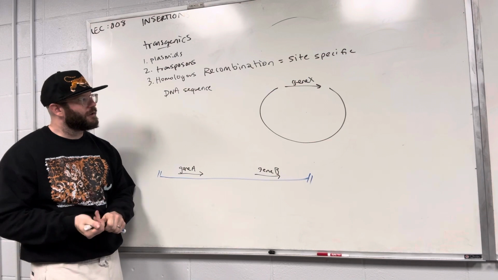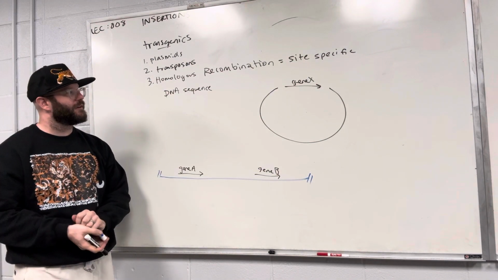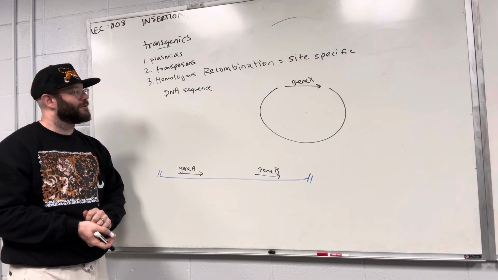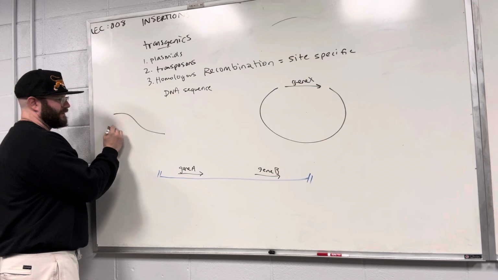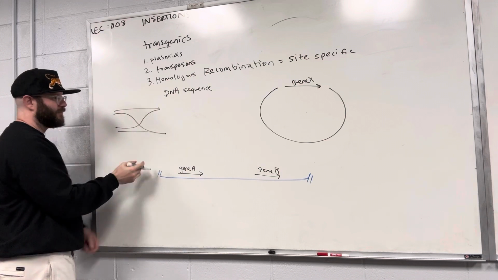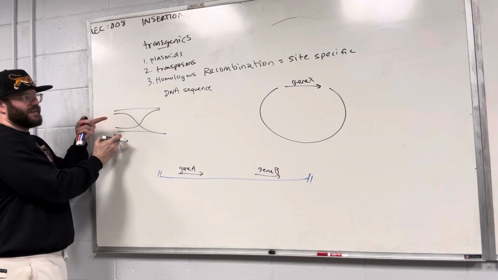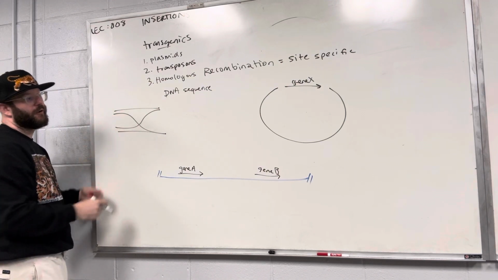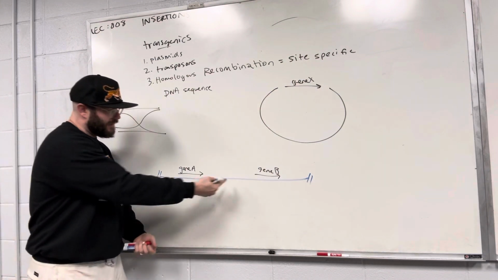What could we do? How could we change this plasmid to cause that to happen? Remember, homologous recombination happens by getting those holiday junctions that I drew before. And those holiday junctions, the strand invasion happens at sites where the DNA sequence is the same. So what do we need in this to cause recombination here?